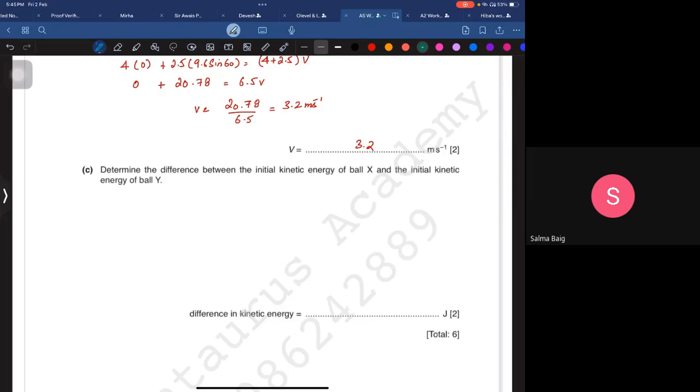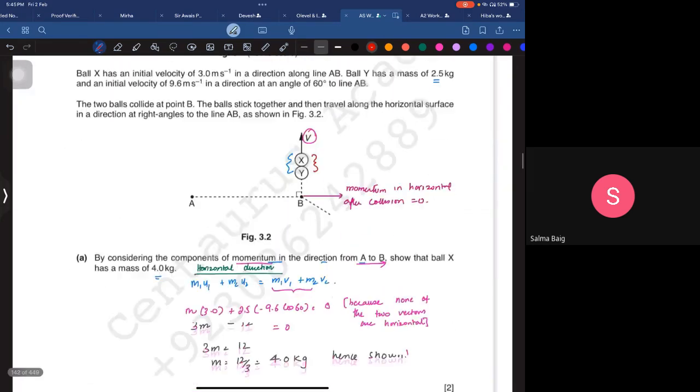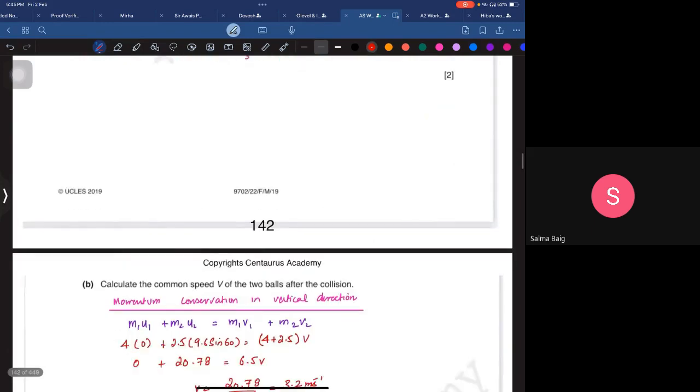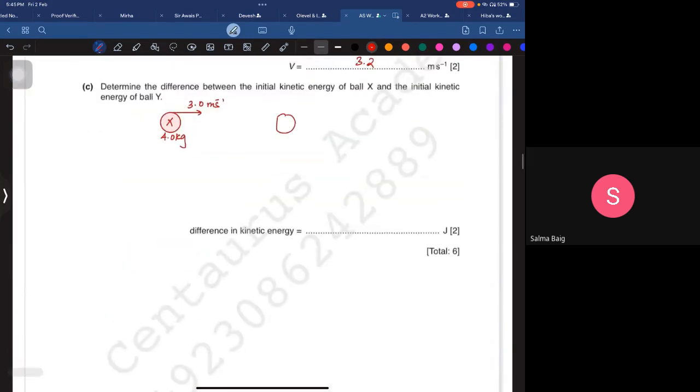So initially, X, which was 4 kg, was going in the horizontal direction at a speed of 3 meters per second. I hope that was 3. Yep. And Y, which was going this way at 60 degrees at 9.6 meters per second, was of 2.5 kg.